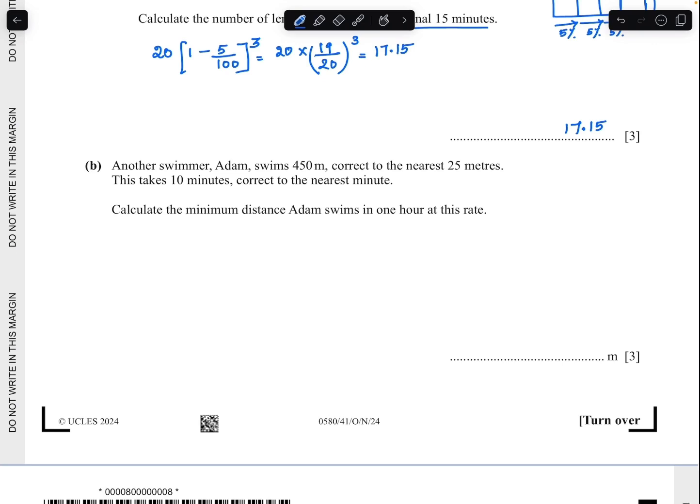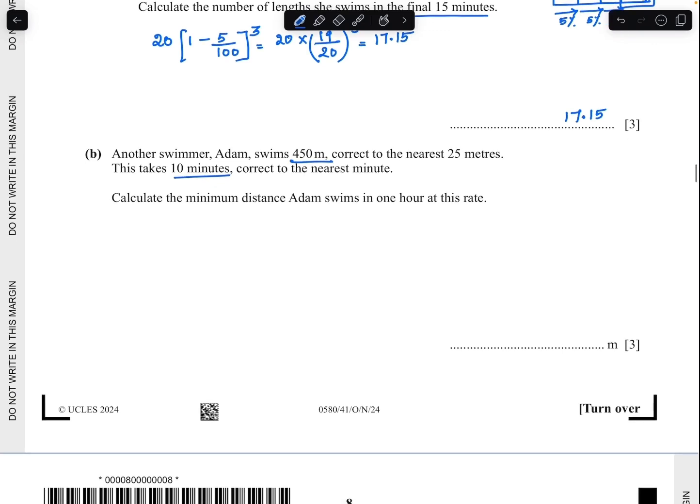Okay, so let's take down what is given. One is the distance, the other one is the time. So I'm going to write the lower limit and the upper limit for both distance and time. D greater than or equal to 437.5 and less than 462.5.